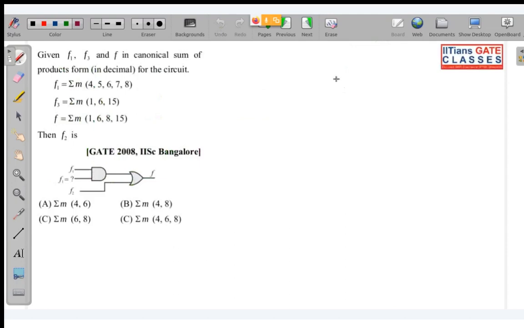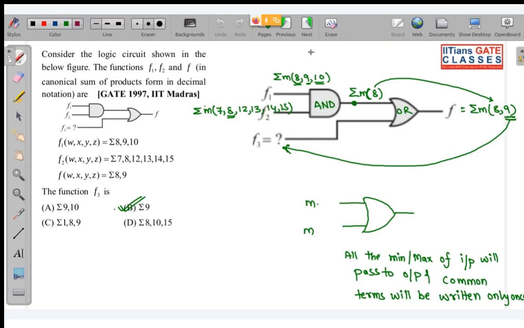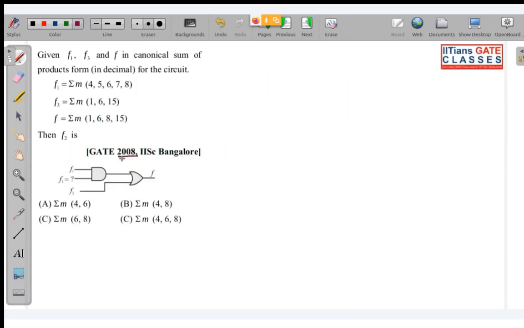See, this is why I told you, look, this question was asked in 1997 and this question is asked in 2008. Concepts get repeated, question doesn't get repeated. See, the same concept question is asked. So I will suggest, if you are from EC, electrical, IN, purchase all the 3 branch PYQs.